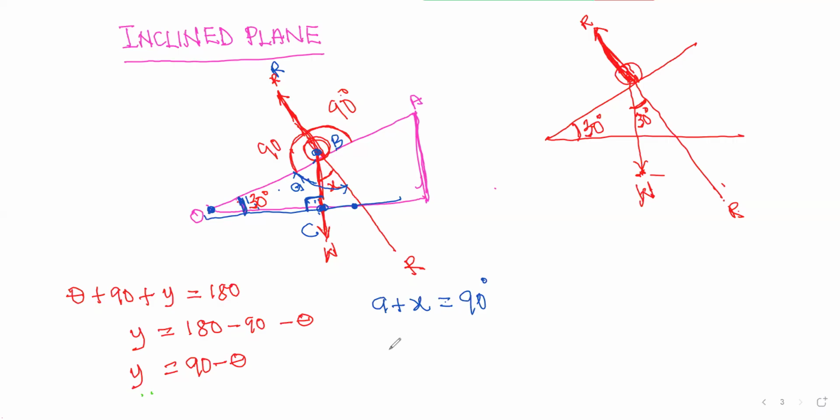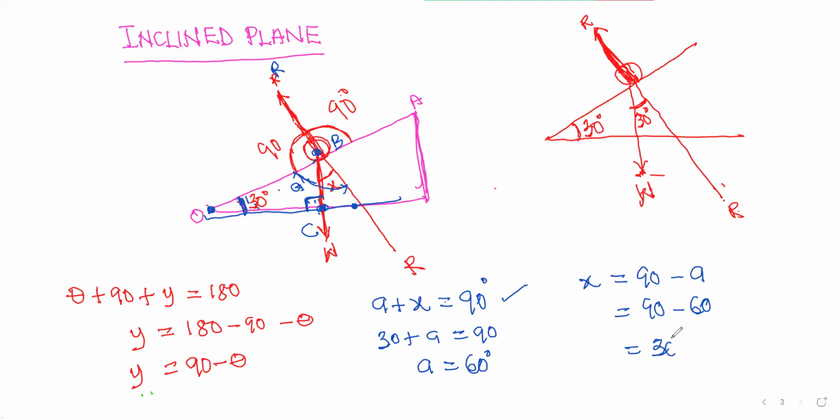So A is equal to 60. 30 plus A must be equal to 90, so that A will be equal to 60 degrees. If A is 60, we know A plus X must also give us an angle of 90. So X would be equal to 90 minus A, and that is 90 minus 60, which is 30 degrees.